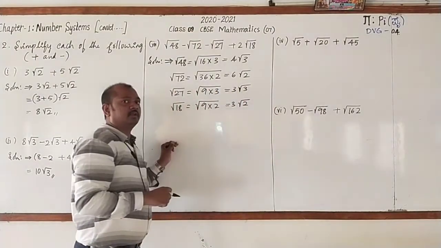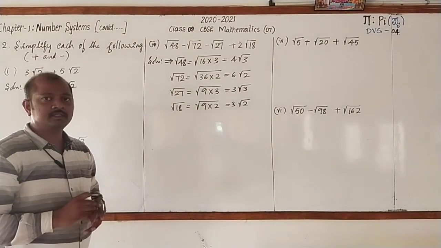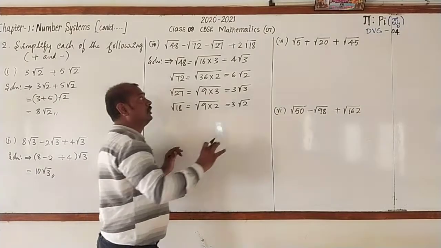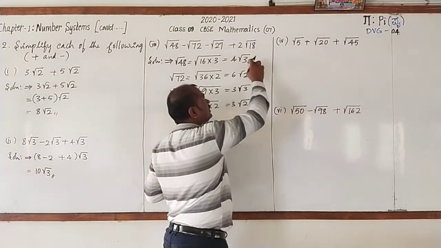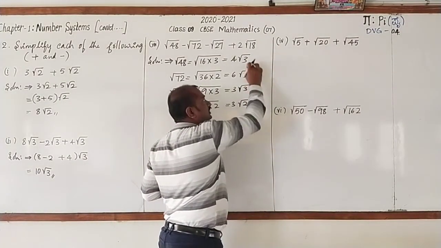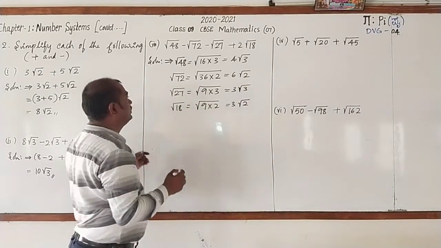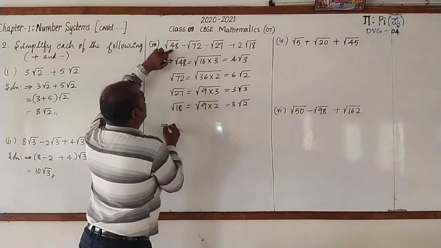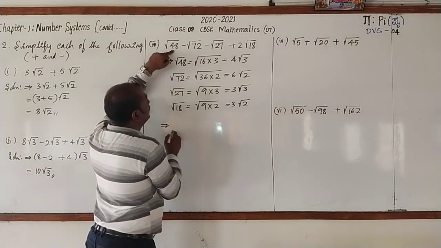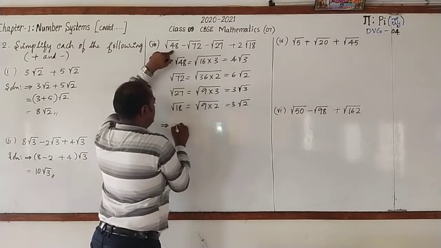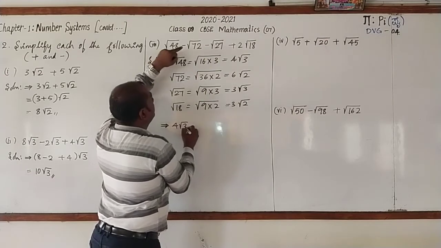Now you tell me whether all are like surds. No. But here groups of surds are like. See that here root 3, here root 3. These two are one group. Root 2, root 2, that is also one group. Now it will be easier to simplify. Square root of 48 is 4 root 3 minus.